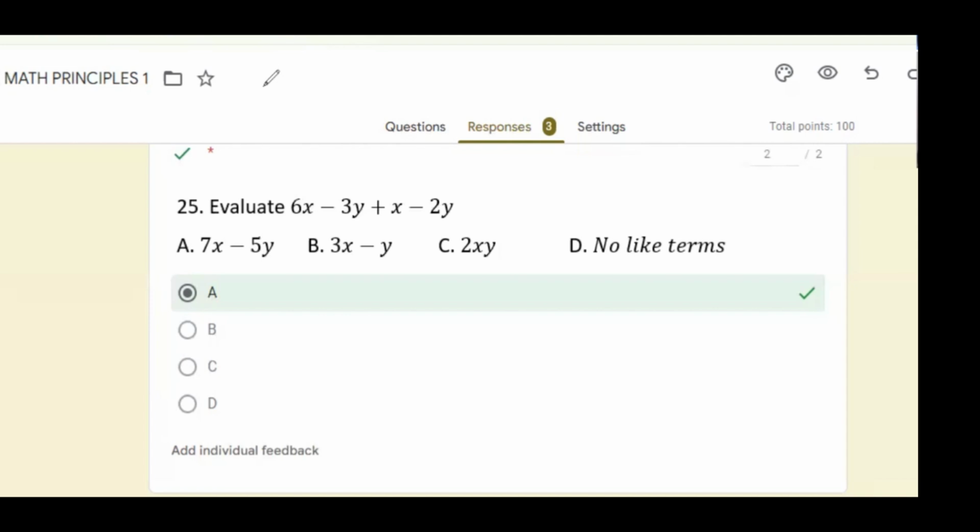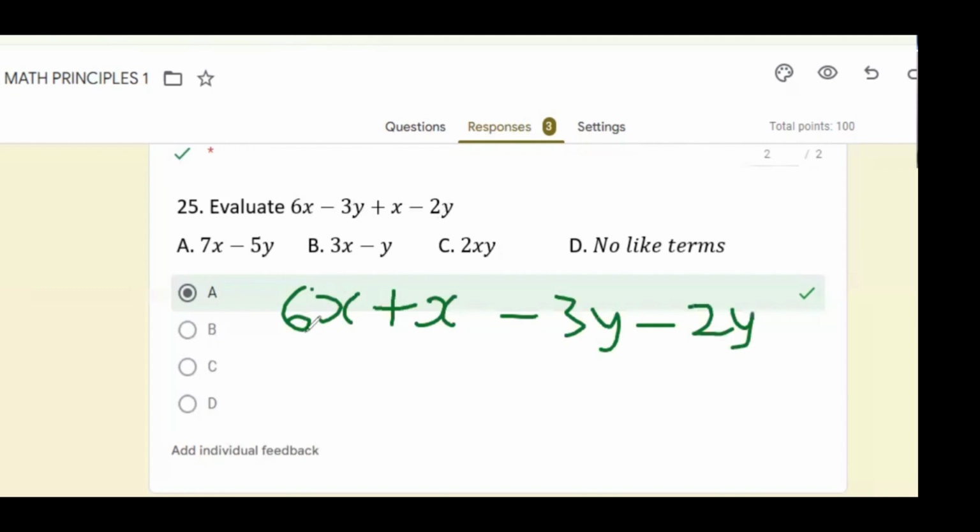So when we collect like terms, tell me, if I write 6x, what's the next like term to 6x that we will bring closer? That is going to be plus x. Very good. Then we have negative 3y, negative 2y.